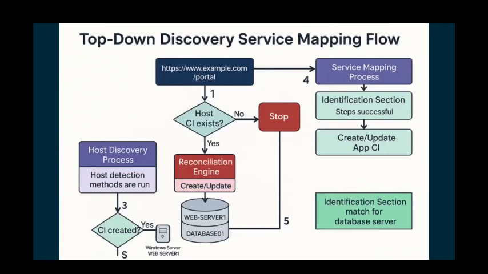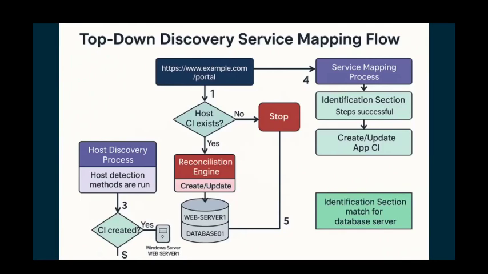This is important behavior that I'd like you to fully understand, because top-down discovery is quite technical and difficult to understand. That's why I created this process flow to give you a firm foundation on how top-down discovery works. So the ServiceNow system doesn't guess.